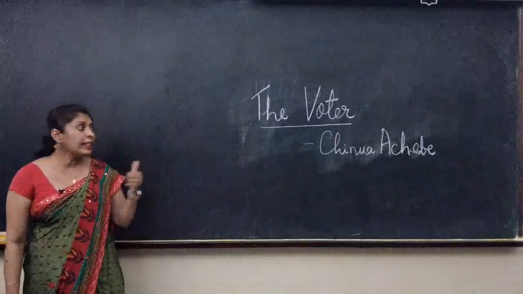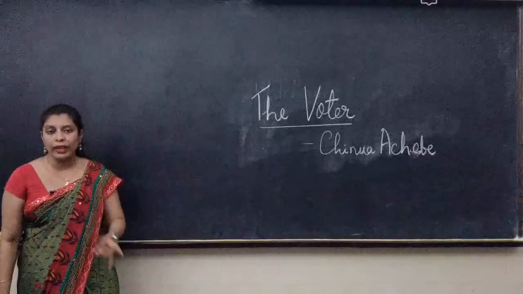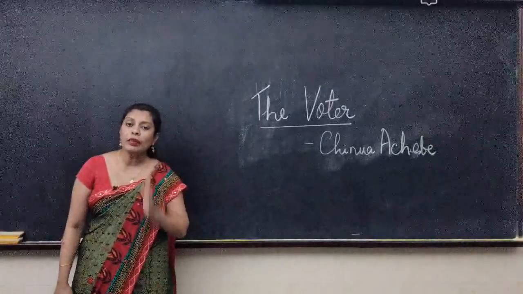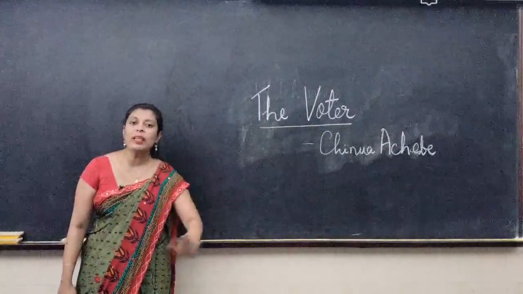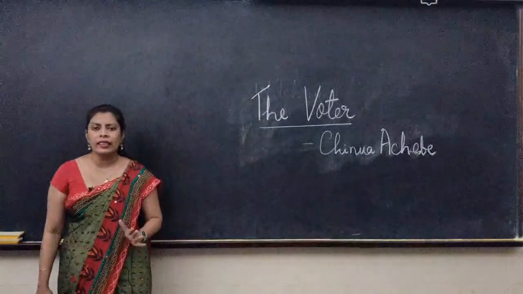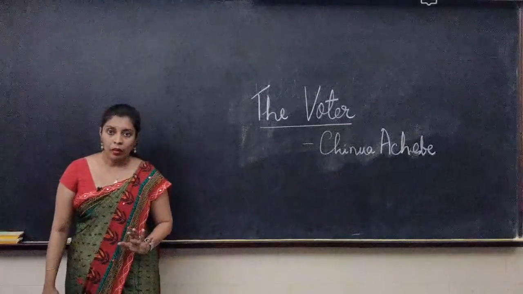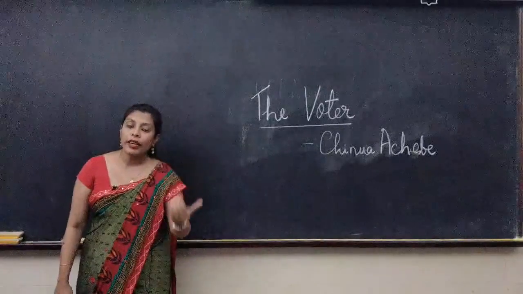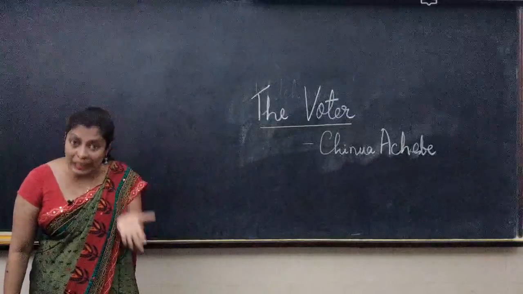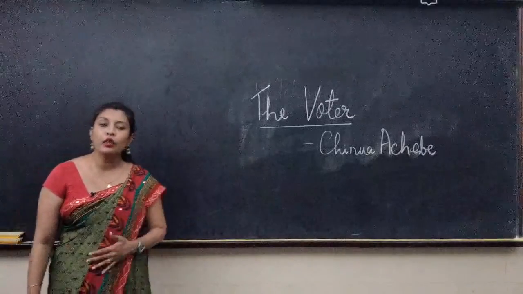Now, in this lesson, the author, Chinua Achebe, speaks about one such party worker, a young man who is eligible and efficient in his work, and a very sincere young party worker who works selflessly for his leader, and renders his services to his party and to his leader.